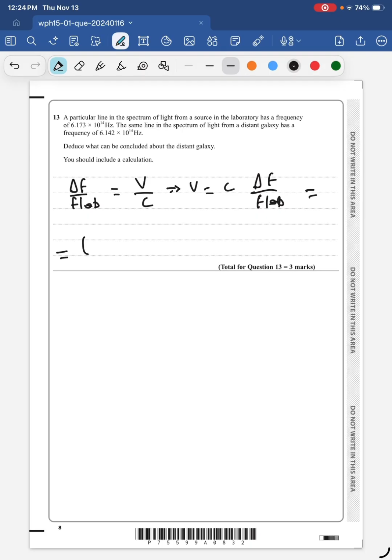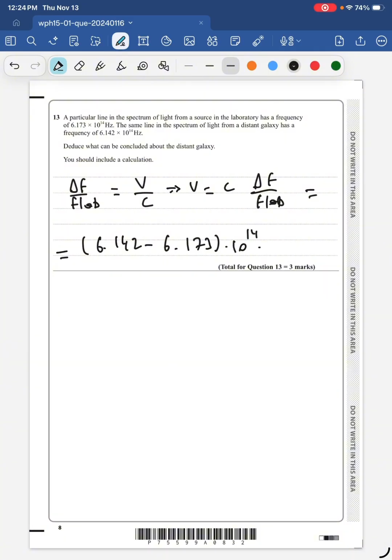We have 6.142 minus, which is the frequency of the light from the distant galaxy, minus the one in the lab, which is 6.173, and we have to multiply with 10 to the 14.